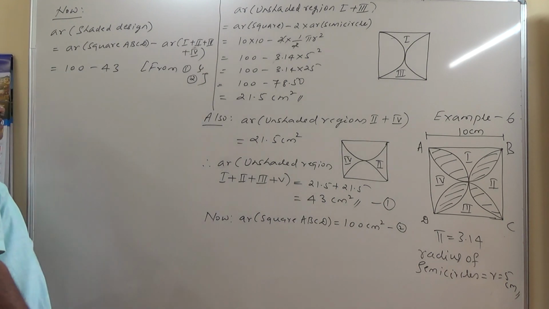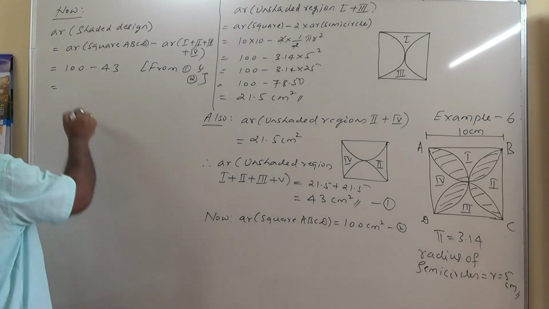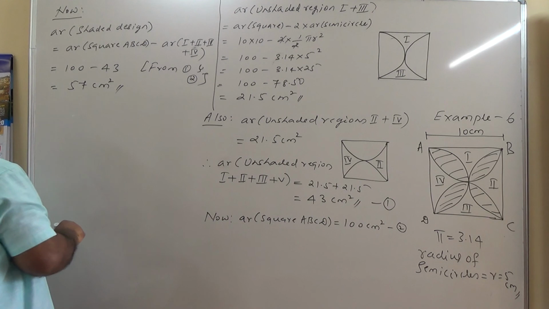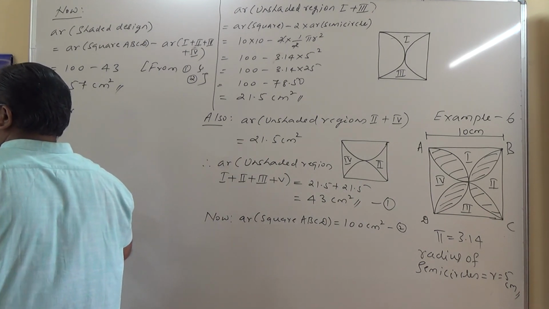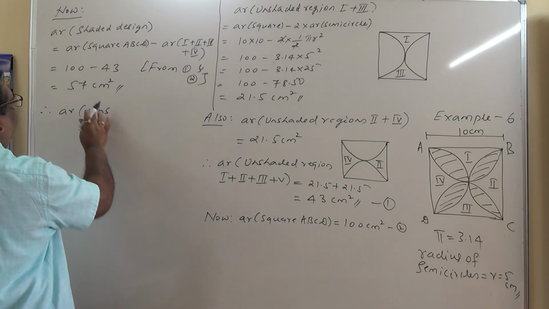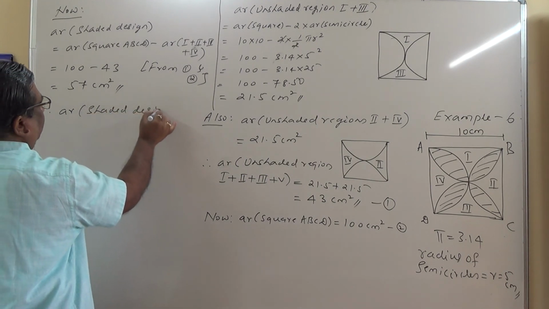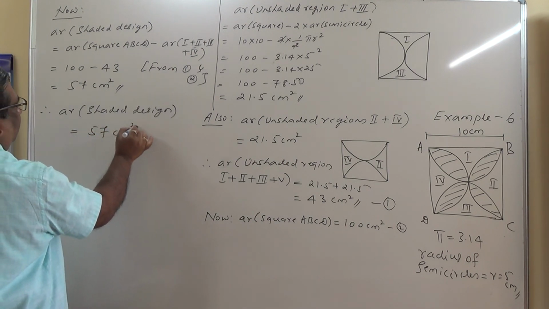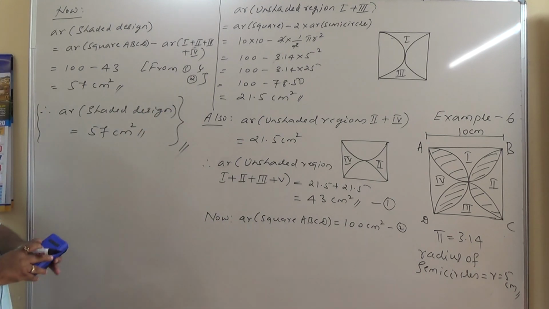Just we are tracing it, and this is equal to 100 minus 43, 57 square centimeter, and therefore finally, is it correct? Check it. 57 square centimeter. Area of shaded design is equal to 57 square centimeter. This is the answer for this.